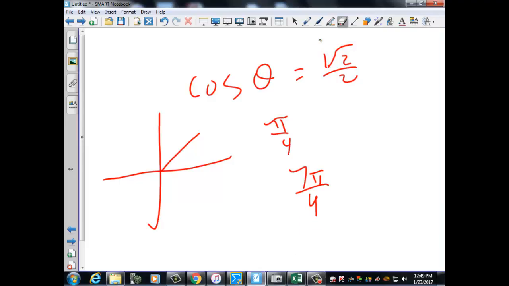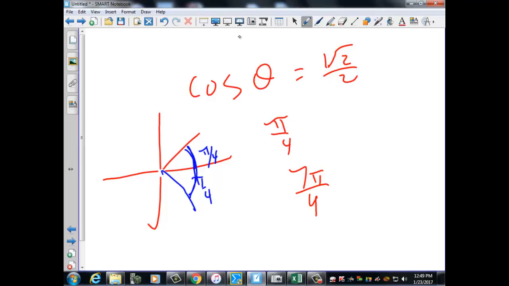Perfect. Any other discussions? Here's the point. If this is pi over 4, and this is pi over 4, this distance is pi over 2, yes?